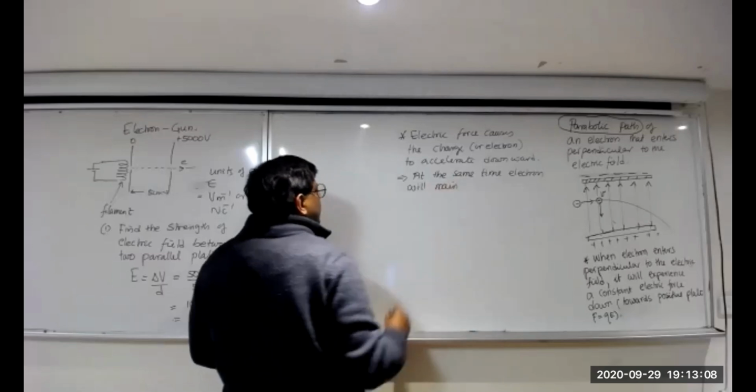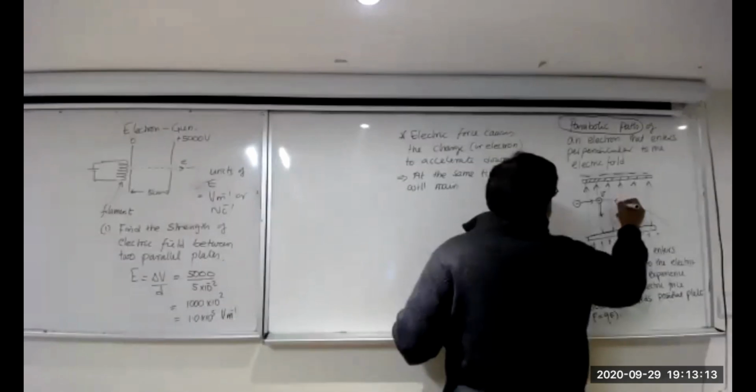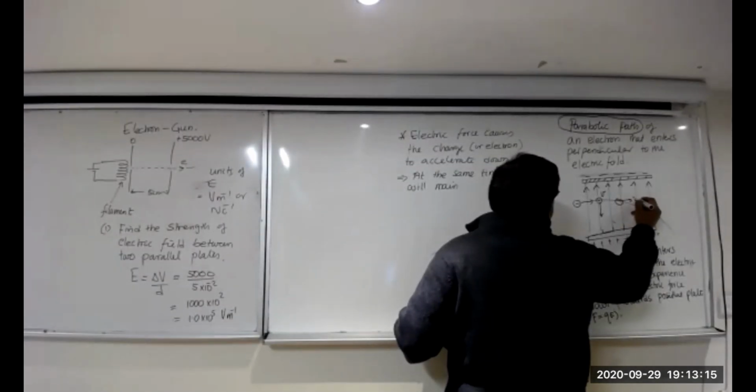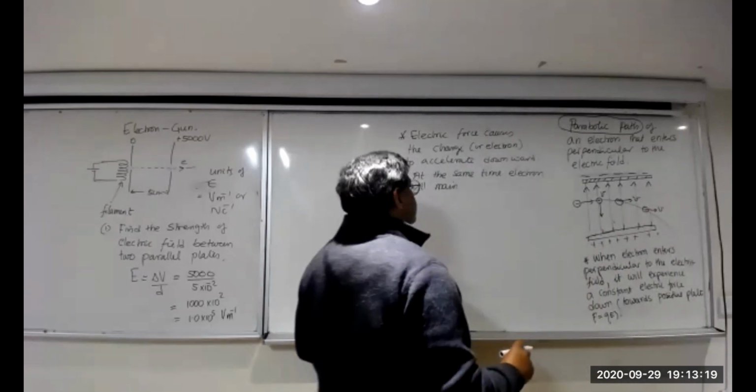At the same time, the electron tries to maintain its horizontal velocity because there are no forces in the horizontal direction, like a projectile.